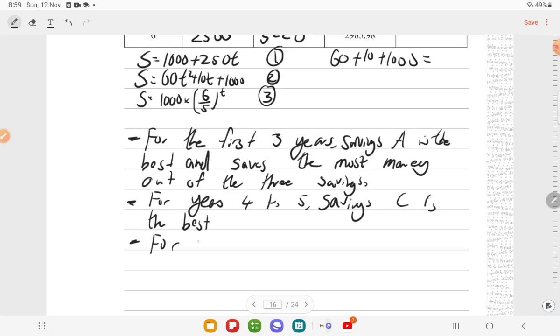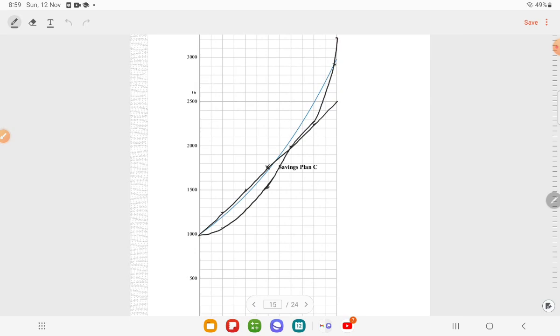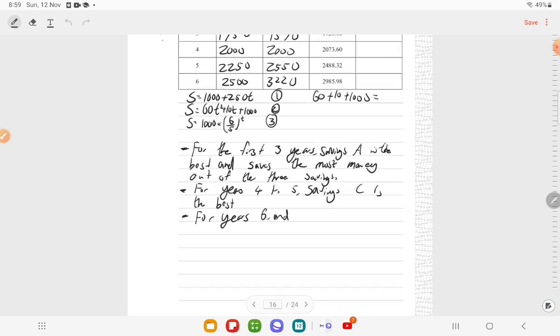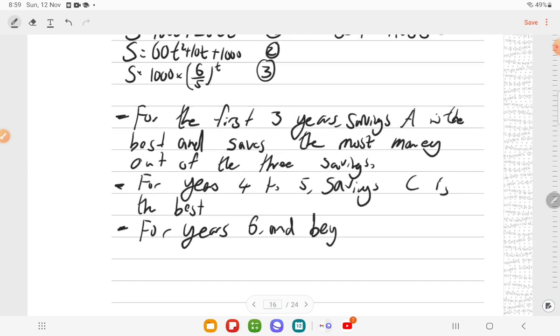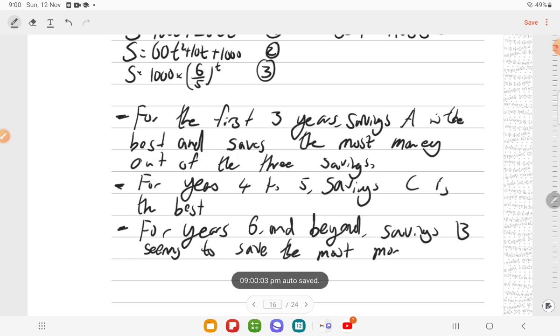For years 6 and beyond, savings B seems to save the most money.